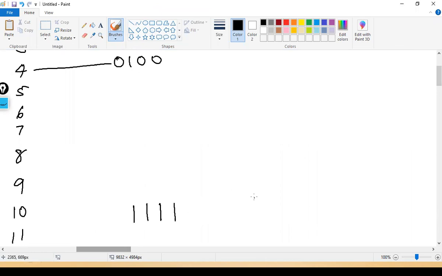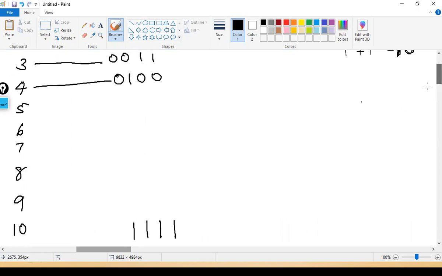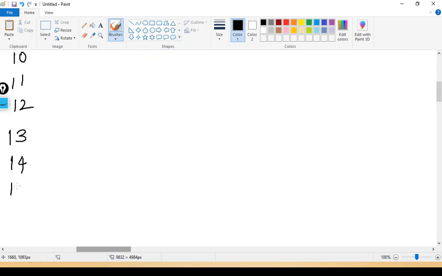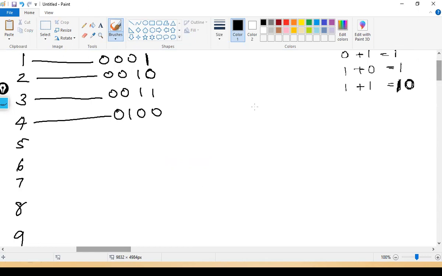You need to keep on adding in such a way, say 13, 14, 15, and find out the value up to 15. Can you do it, guys? Okay, yes, please carry on.